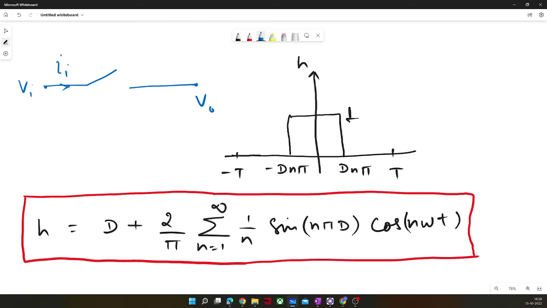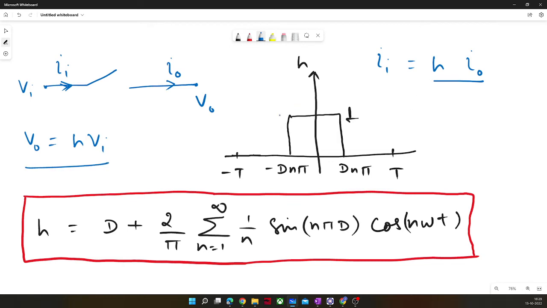And this input current is also flowing from the input side. So we can write Vo is equal to H times Vi, and Ii is equal to H times Io. You agree on this one?